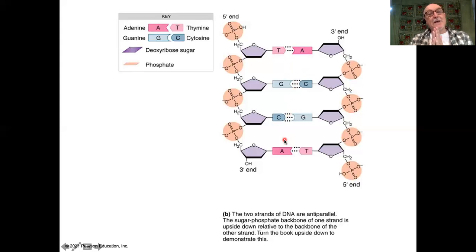We'll find out later that we actually use this in some scientific techniques. We split it apart and bring it together, split it apart, bring it together. The bonds can be severed by heat, certainly, but that doesn't happen in nature. That's our experimental way of doing it. In nature, these bonds are easily separated by enzymes, as we'll find out now. And they often are.